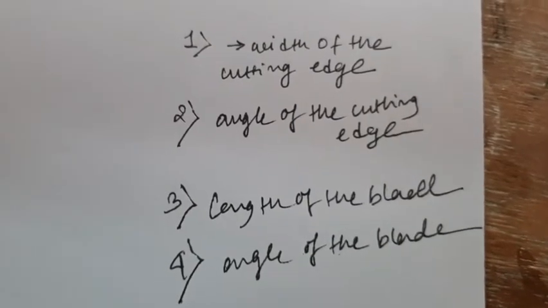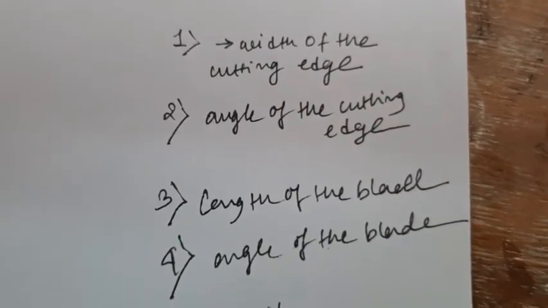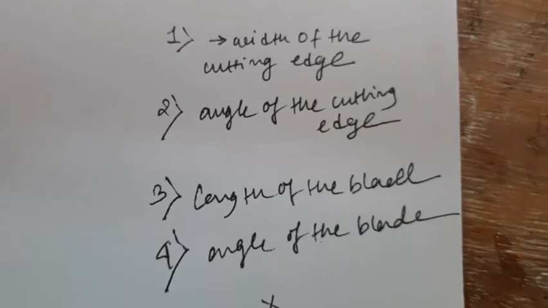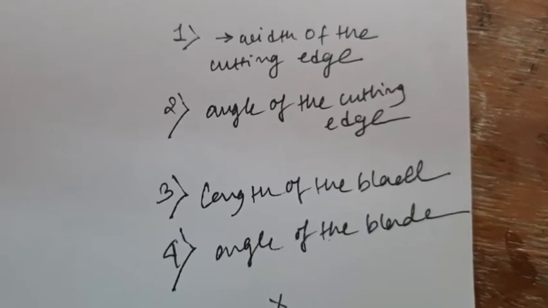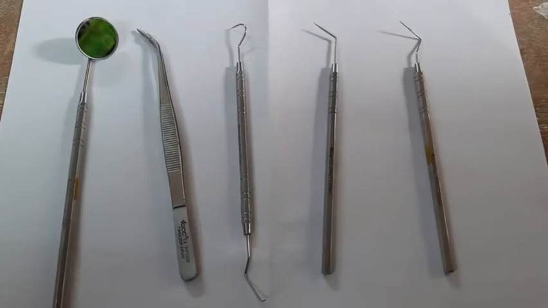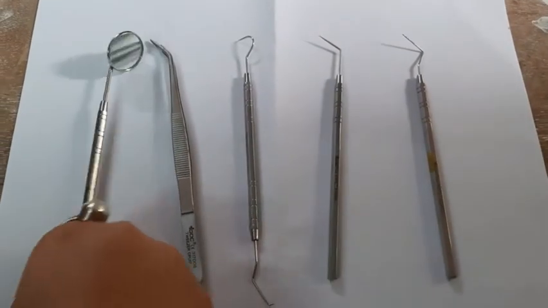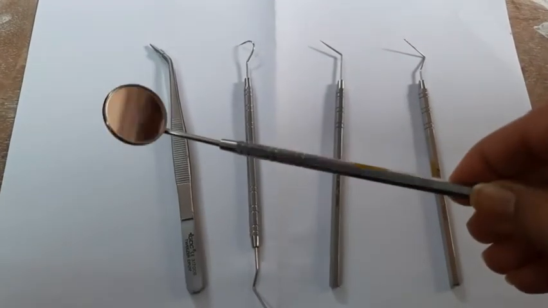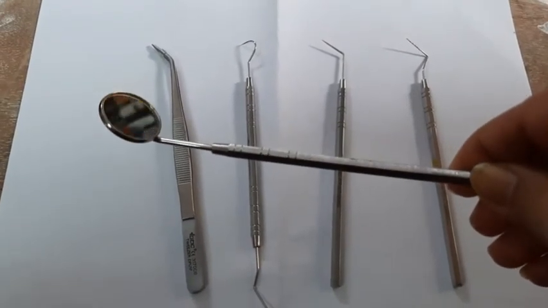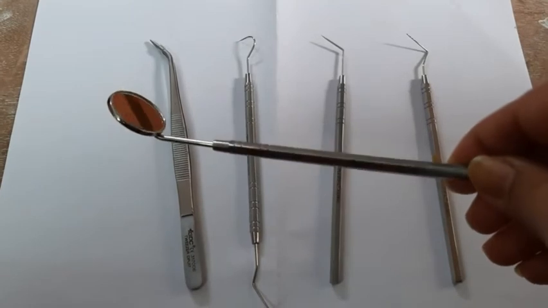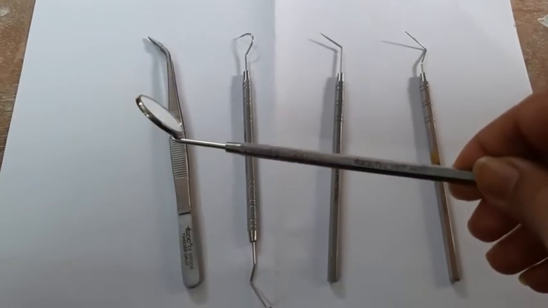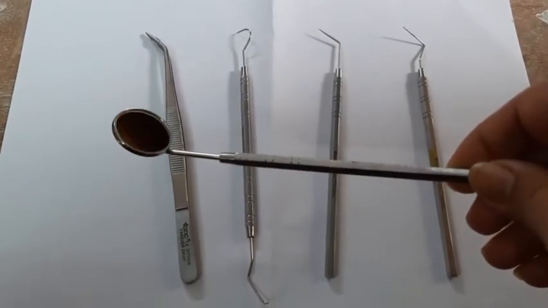So this is all about the instrument formula, and now let's move on to the functions of each instrument. First let's talk about the diagnostic instruments. Under that, first we have the mouth mirror. Mouth mirrors help in direct and indirect vision in the operatory area.